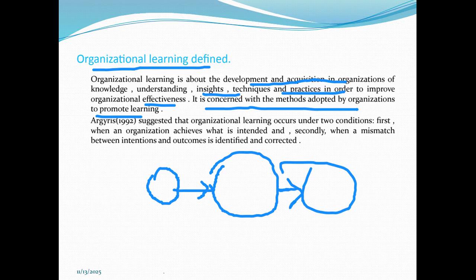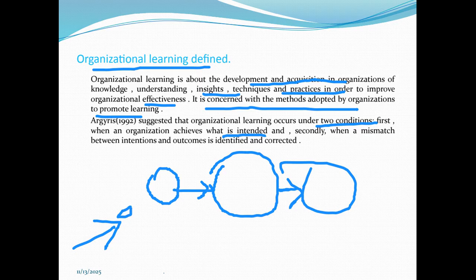Argyris in 1990 suggests that organizational learning occurs under two conditions. First, when an organization achieves what is intended. So if an organization sets a target and achieves it, that will also help you to learn. Secondly, when a mismatch between intentions and outcome is identified and corrected.